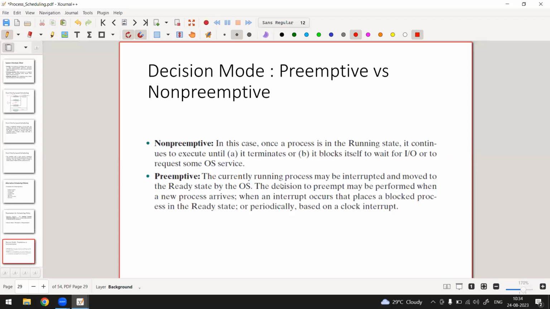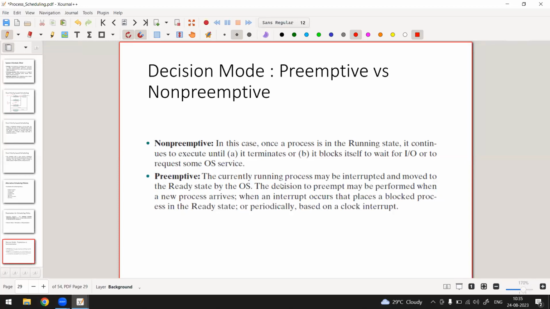So in case of preemptive nature, the operating system can put the process on hold even if the process is not completed. Due to any reason, the operating system is free to do this.